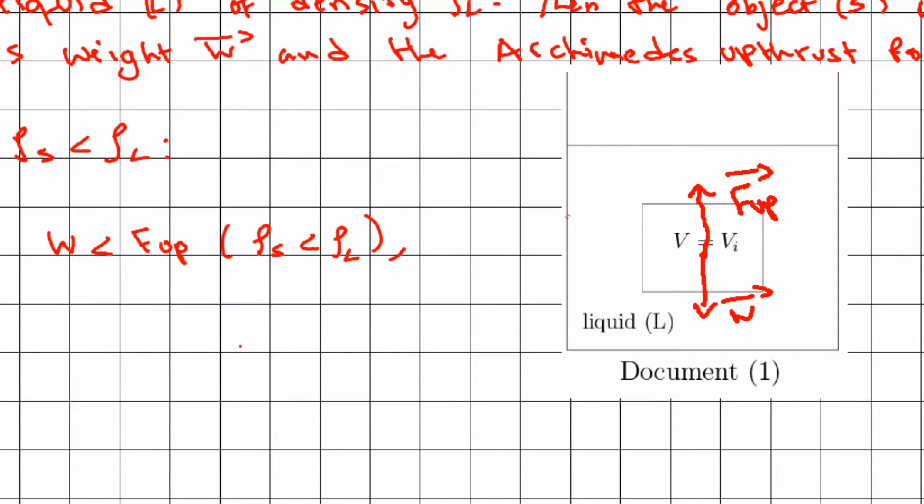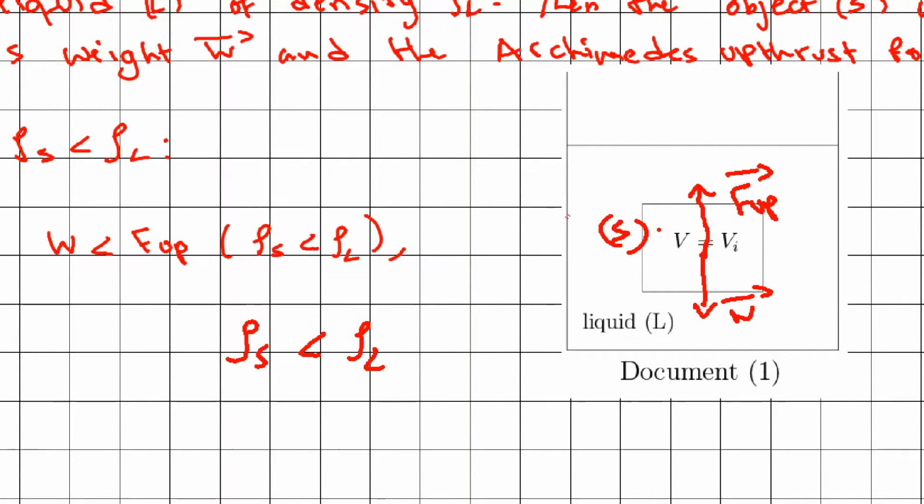So knowing that the density of the solid is less than the density of the liquid, the solid S will rise to the top, it will float at the surface. Why will it rise to the top? Because the magnitude of F is greater than the magnitude of W. F is acting vertically upward and W is acting vertically downward.